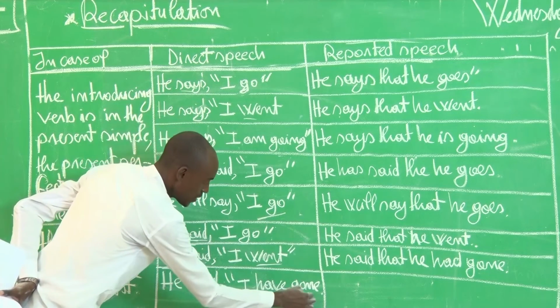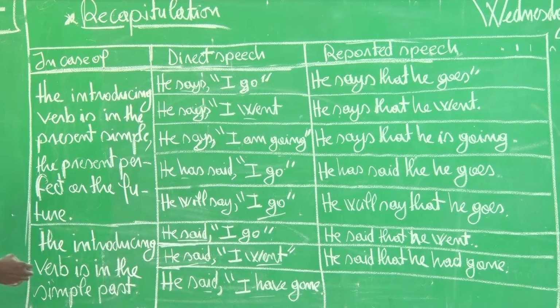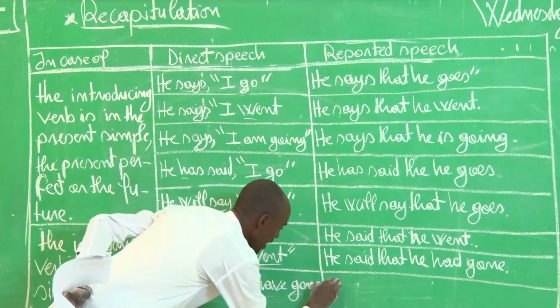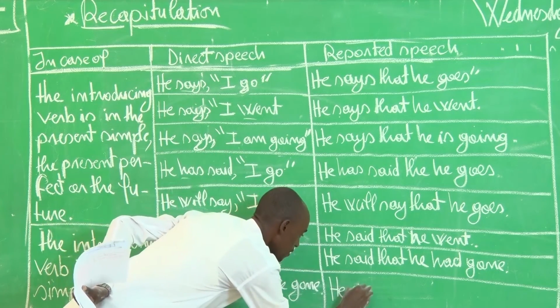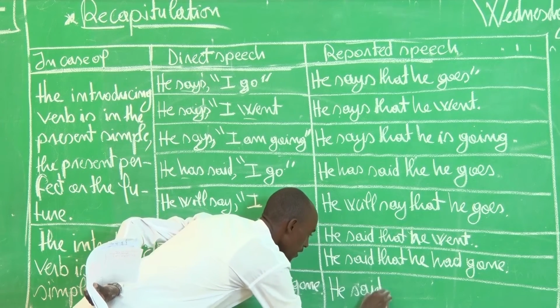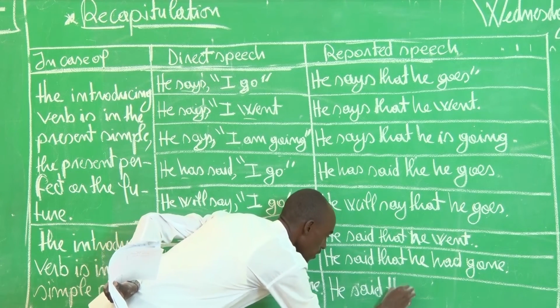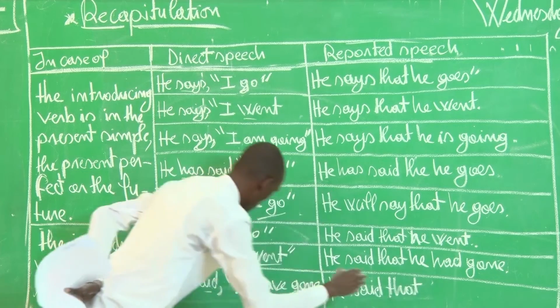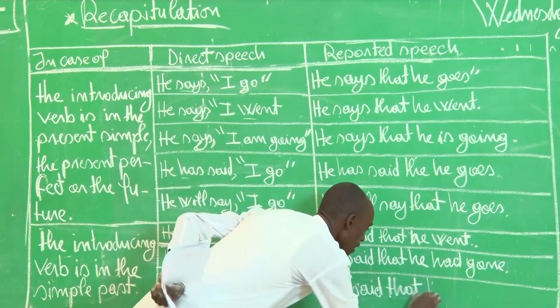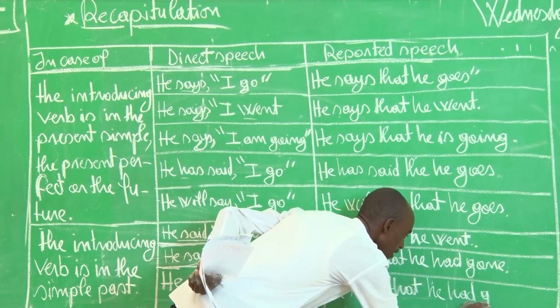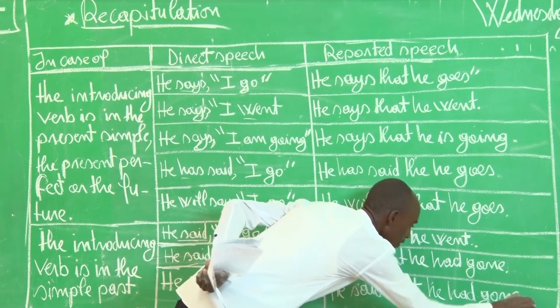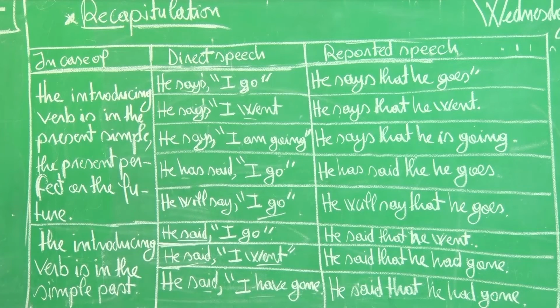This is the present perfect. In reported speech, the present perfect becomes the past perfect. He said that he had gone.